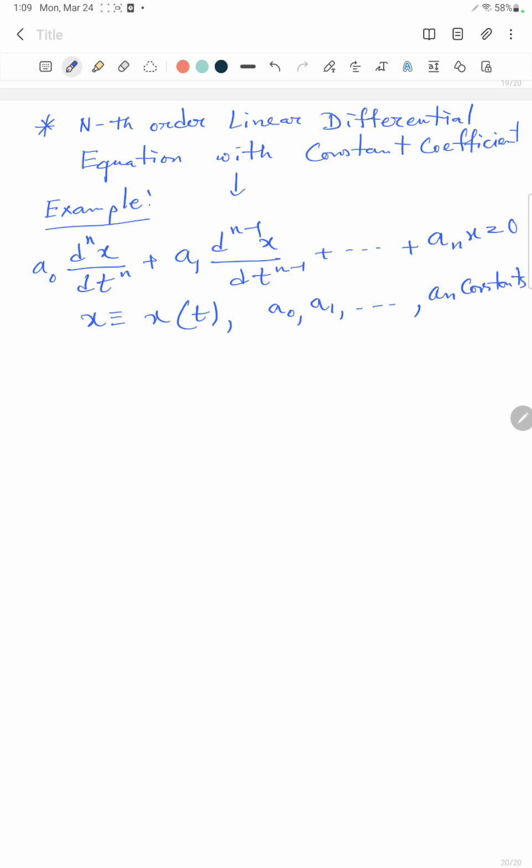And obviously you know that d^n/dt^n is the nth order derivative, d^(n-1)/dt^(n-1) is the (n-1)th order derivative, and so on.